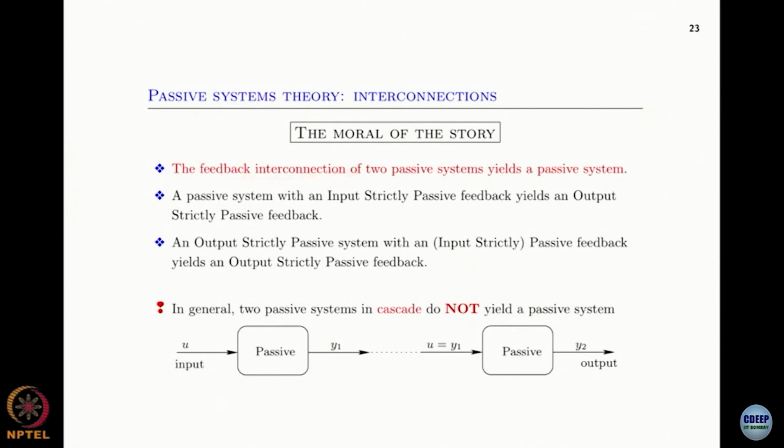Where is that feedback? If you interconnect them in cascade, so the output of one goes as input into the other and so on, but there is no feedback loop, you don't have passivity necessarily, from here to whatever output you choose there. We are talking about interconnections in feedback form.